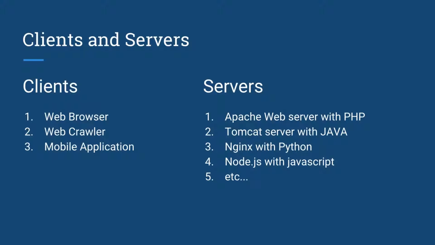A mobile application can be a client. When you open a mobile application, it sends a request to fetch the data from the server. And the server can be an Apache web server with PHP, or a Tomcat server with Java, Nginx with Python, Node.js with JavaScript, and so on.